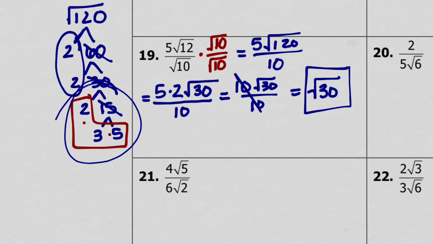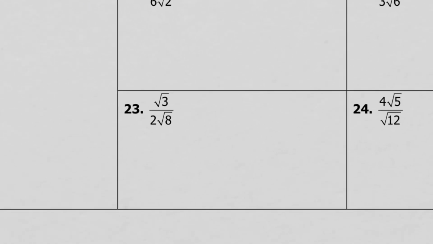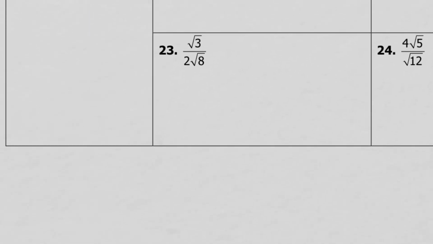Okay, let's do number 23. Let's come down to 23. All right. Now, square root of 8 would simplify, but I'm going to just simplify at the end. So get rid of that radical. That 2 is going to stay there. It's a whole number. I don't need to multiply by it.